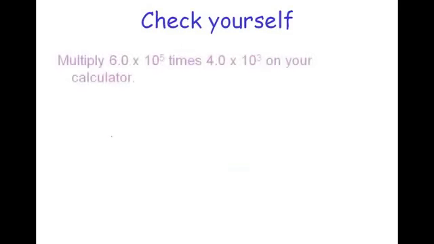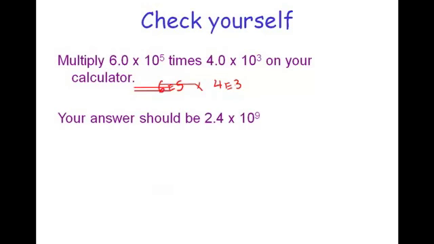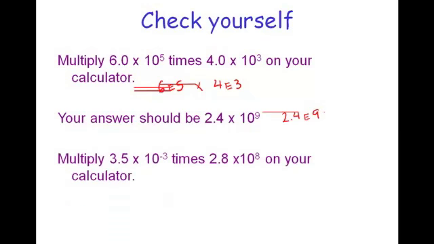So what I want you to do is I want you to multiply these numbers, and this is how it should read on your calculator. 6 E 5 times 4 E 3. And what you should get on your calculator is 2.4 times 10 to the 9th, or 2.4 E 9. Here's another example. Go ahead and try it.